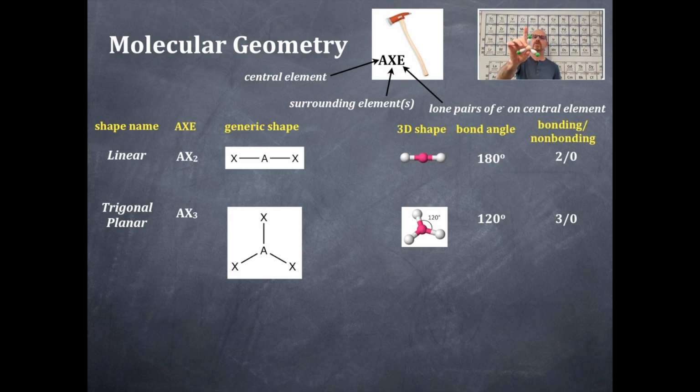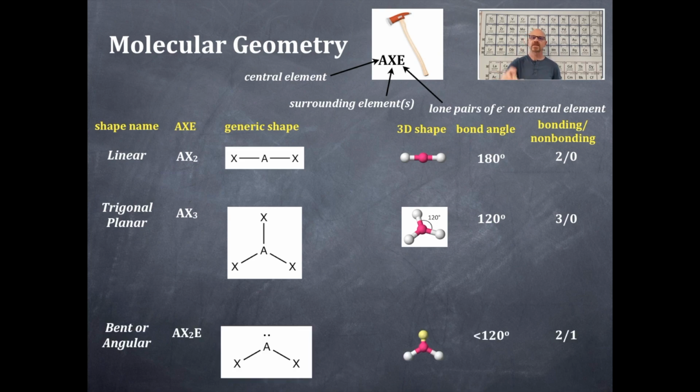The next one is that we're going to take away one of these bonding pairs here and replace it with the lone pair of electrons on the central element. And so this here represents a lone pair of electrons on the central element. That is actually a bent-like structure. So this bond angle is less than 120. How much? I don't know exactly.